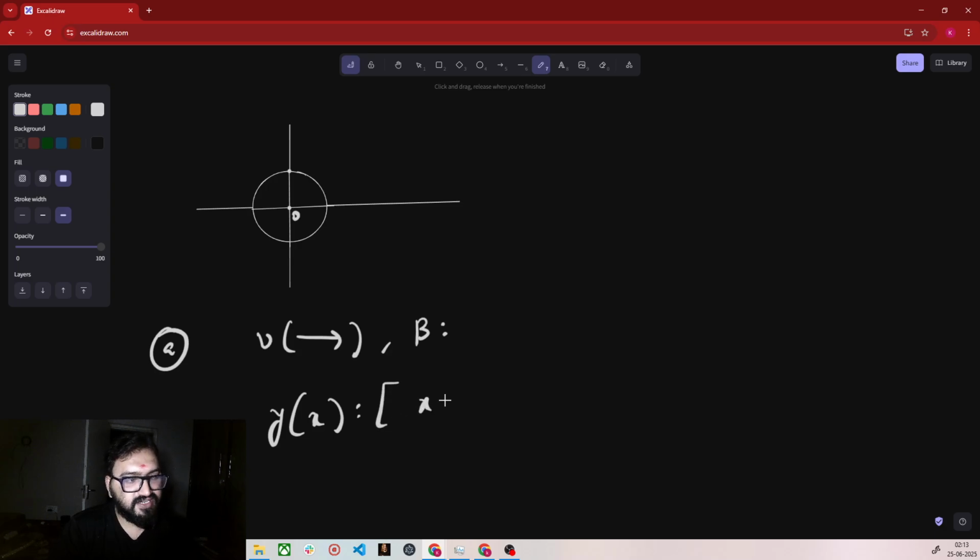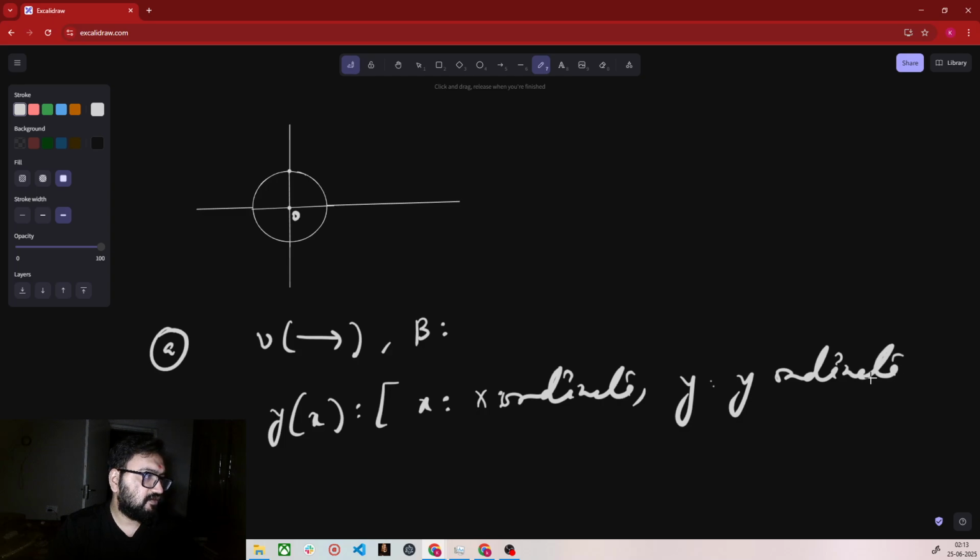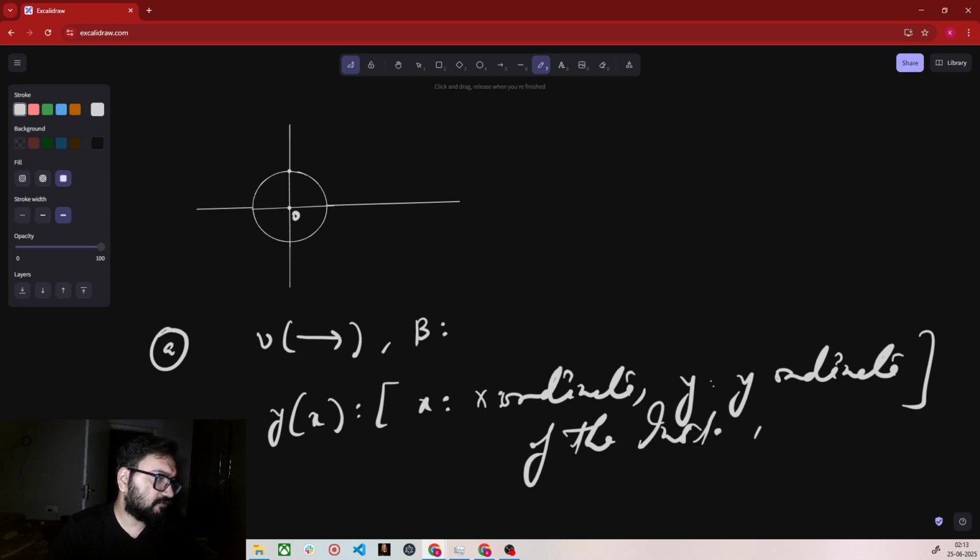Here x denotes the x ordinate of the instantaneous axis of rotation and y denotes the y ordinate of the instantaneous axis of rotation.